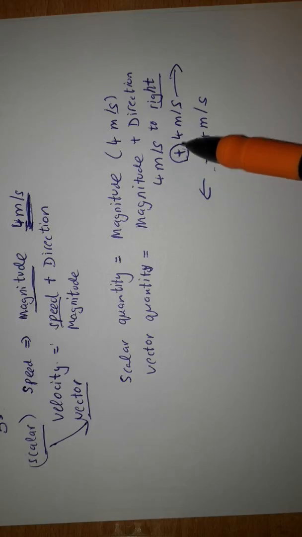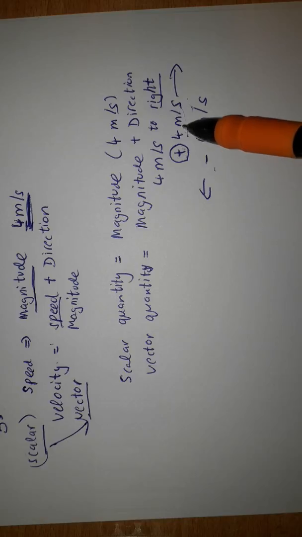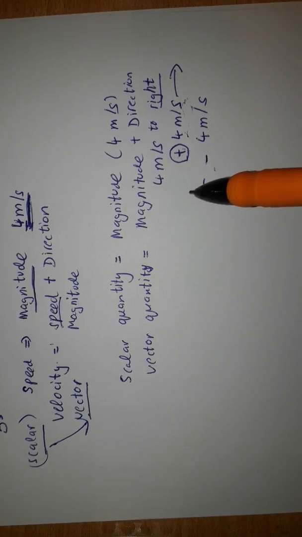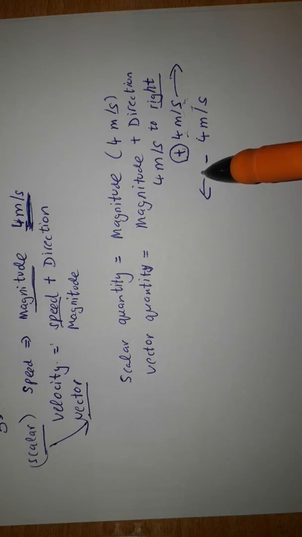The plus will represent that the car or any object is going with this speed to the right, whereas a velocity of minus 4 meters per second basically means that the car or any object is going with 4 meters per second to the left. Okay, so that is that.